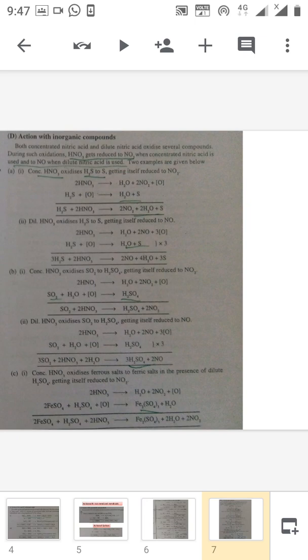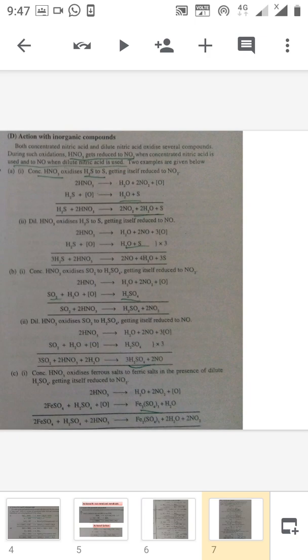And next one is the reaction of the nitric acid with ferrous sulfate. In ferrous sulfate, the oxidation state of iron is plus 2. And if we react it with the nitric acid, the first equation is common. Nitric acid decomposed to form H2O plus 2NO2 plus oxygen.